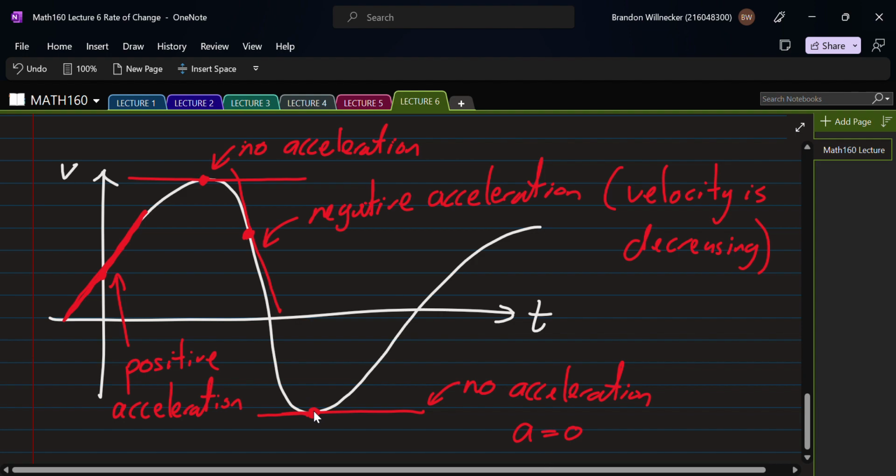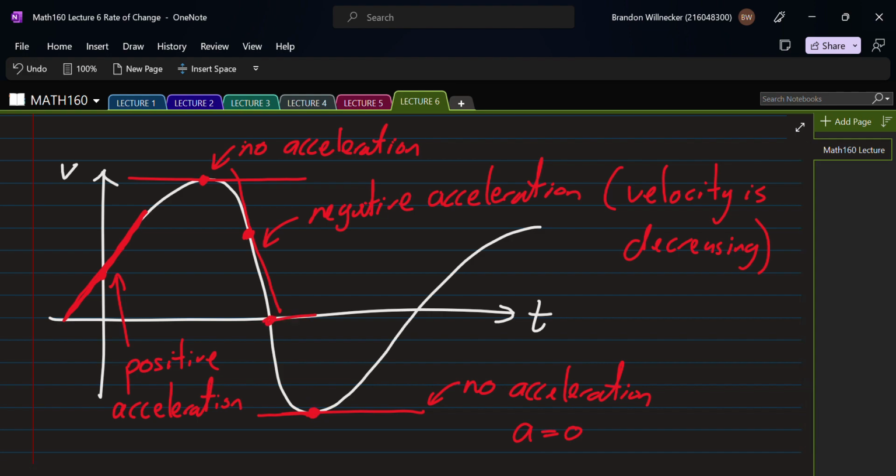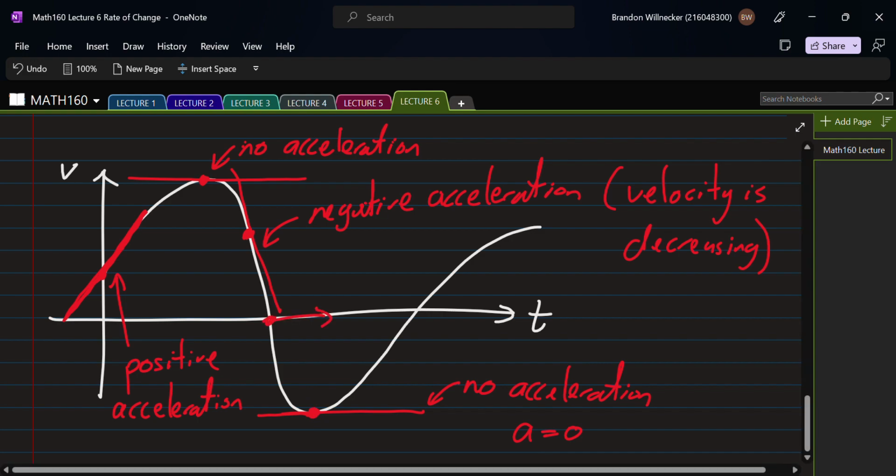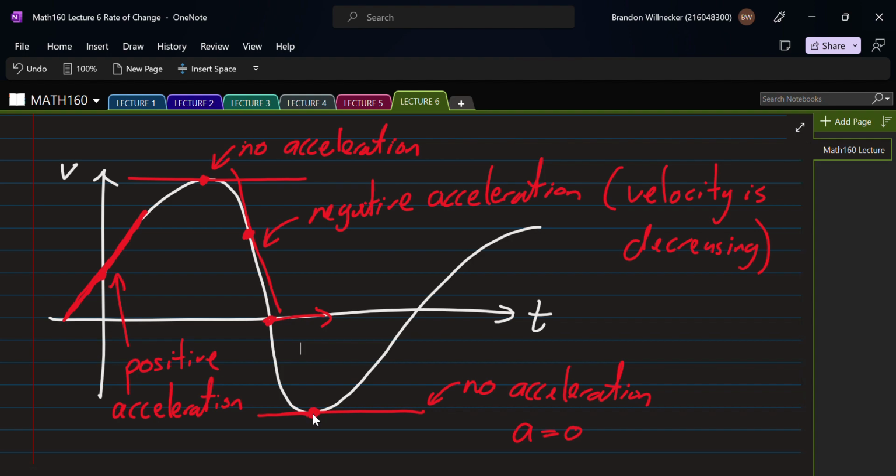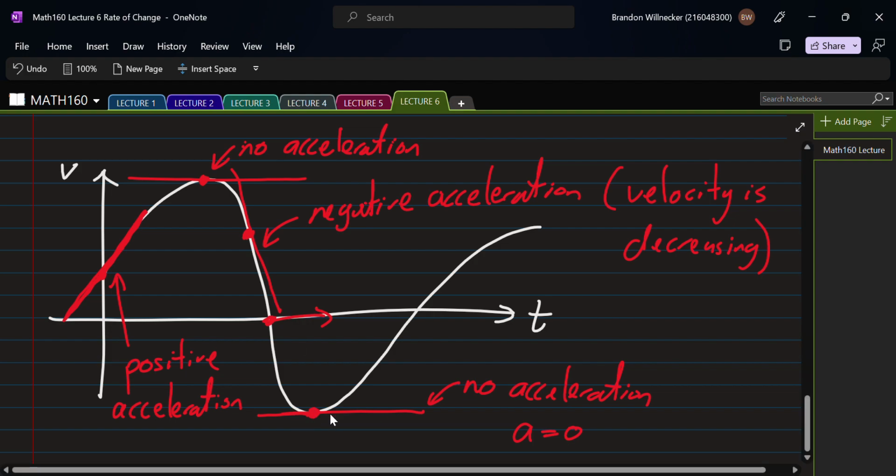So the velocity is negative and there's no acceleration. In other words, the particle turned around when the velocity started being negative. So from this point onwards, the particle turned around, it moved in the opposite direction. The speed increased in the opposite direction until this point here, where the velocity reached a maximum, again in the opposite direction. So no more acceleration.